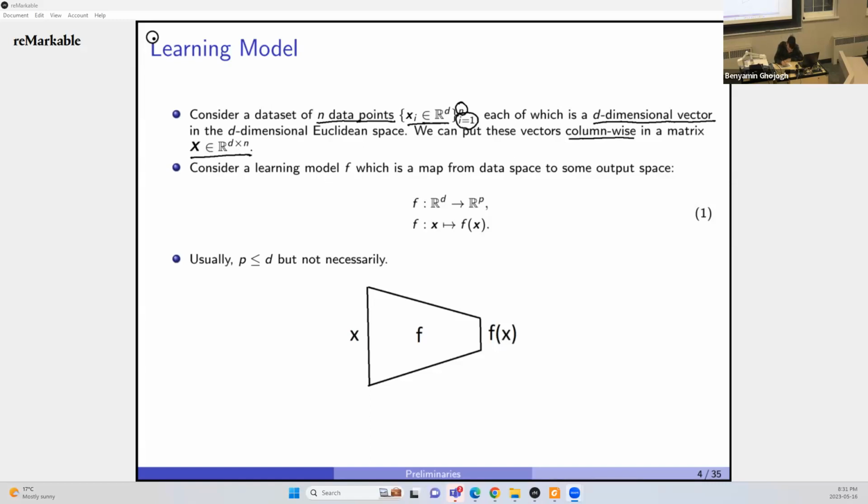So first off, when I say small case not bold, it's a scalar usually. When I say small case bold, it's a vector usually. When I say capital case bold, it's a matrix. When I say capital case not bold, it's a random variable usually.